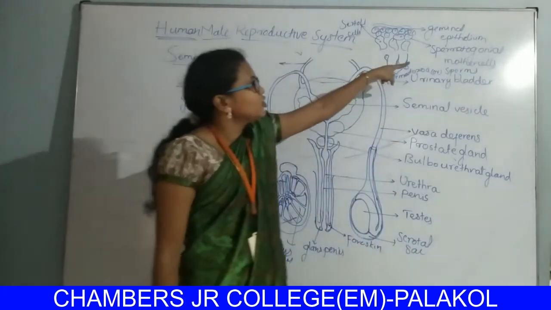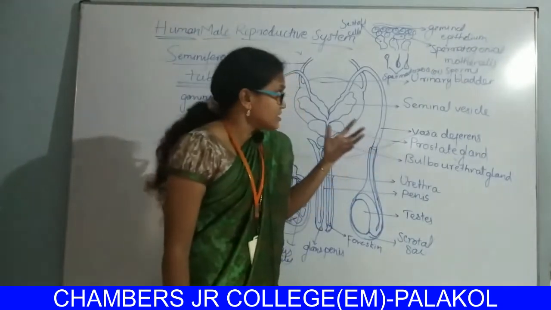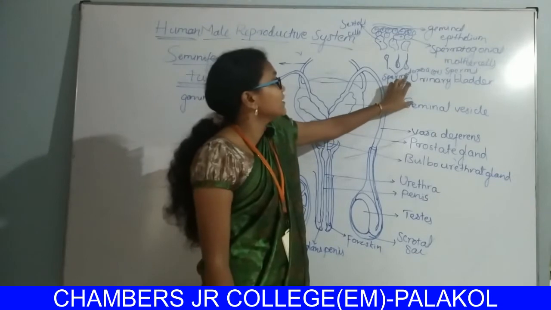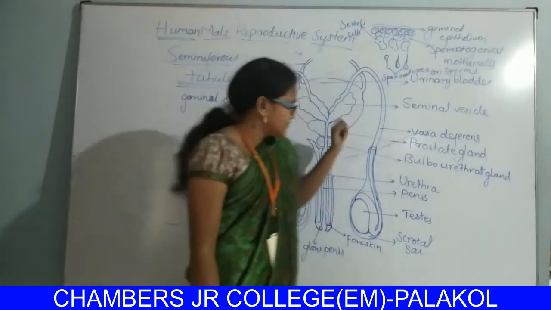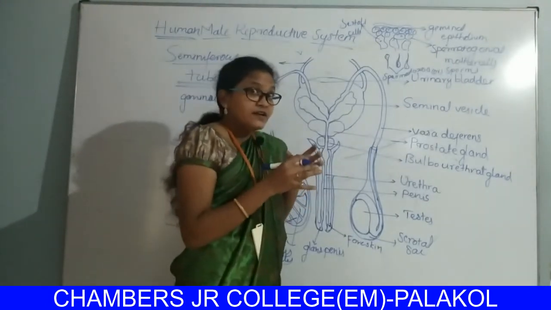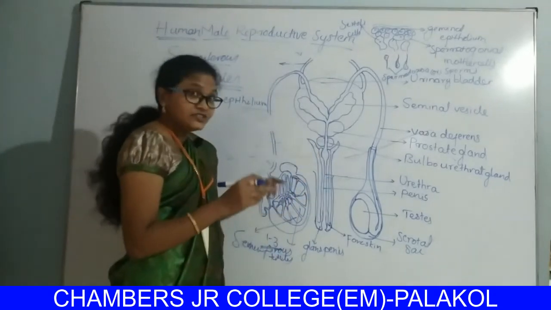So the spermatogonial mother cells undergo divisions and form spermatogonial cells. These cells undergo meiotic division and form spermatozoa, the sperms. These sperms are produced in the seminiferous tubules.